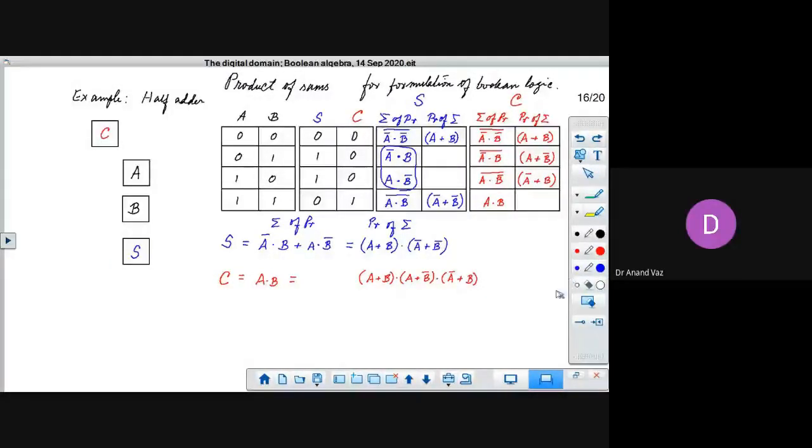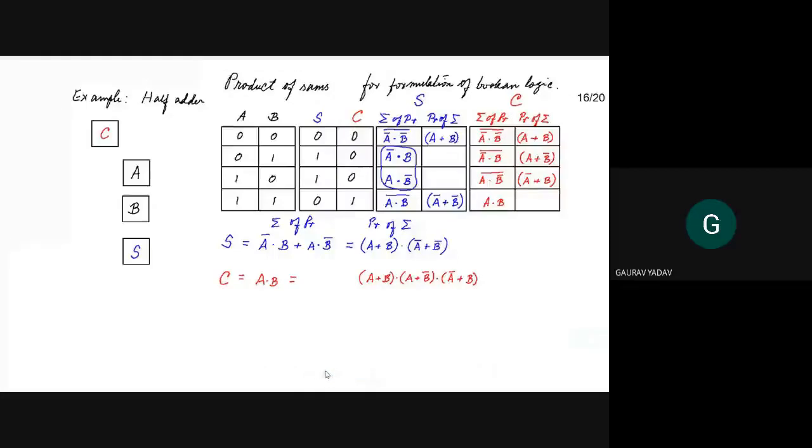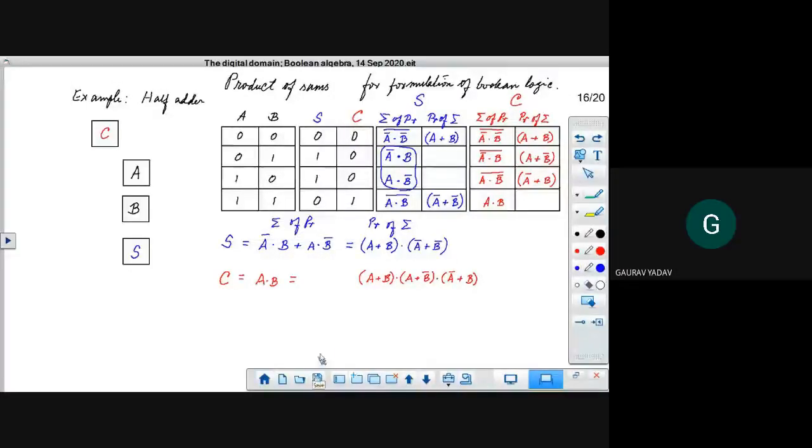Hello, yes. Sir, in the input in the first column, we take A naught and B naught. A equal to 0, B equal to 0. But in the product of sums, we take the complement of A and B naught.